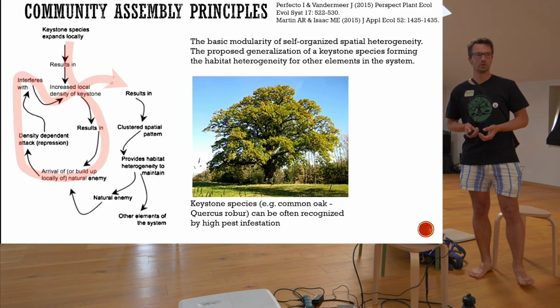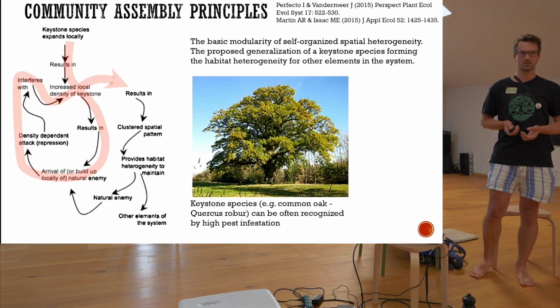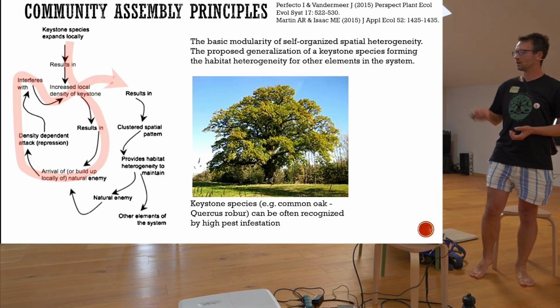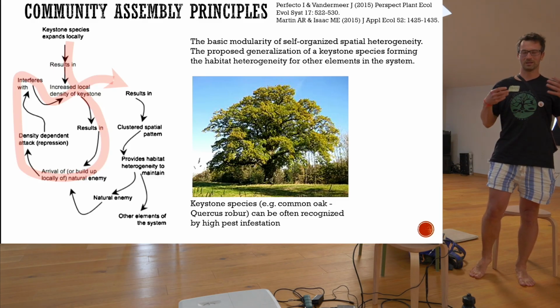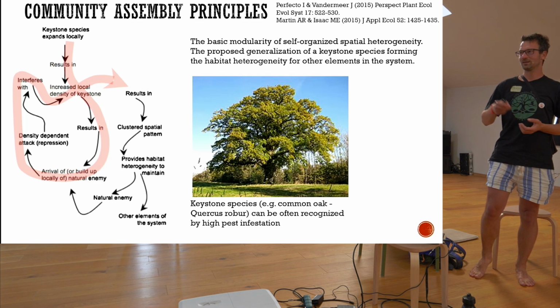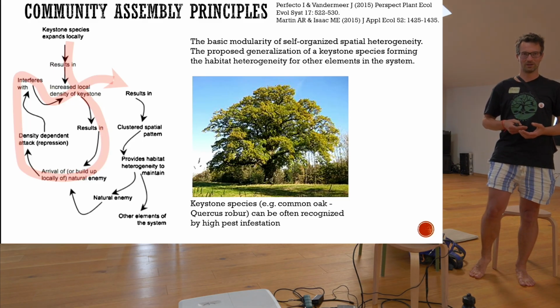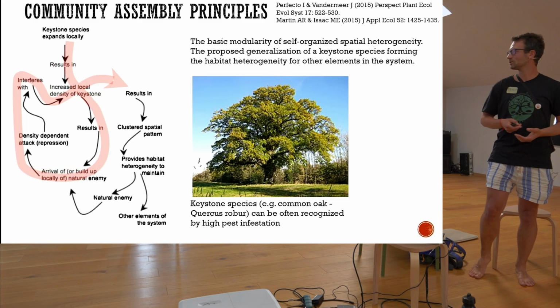One way to recognize the keystone species in your system is to check the pest damage. As I already said, a keystone species is a food source for many organisms, including pests. If a tree is highly damaged, there is a very good chance that it is a keystone species.